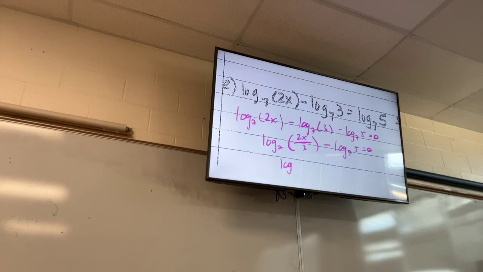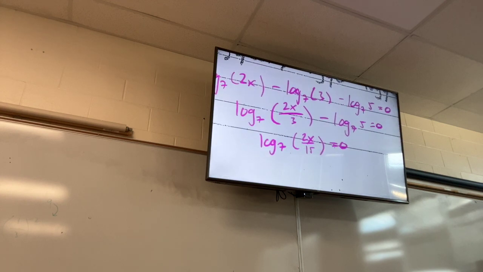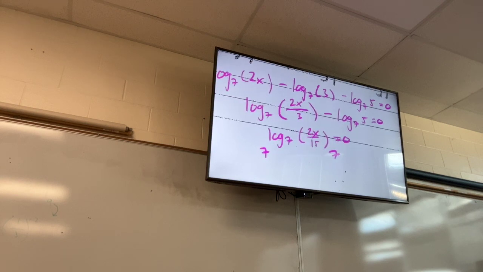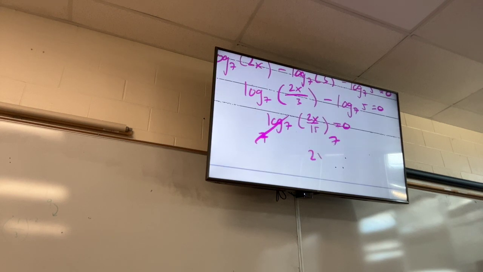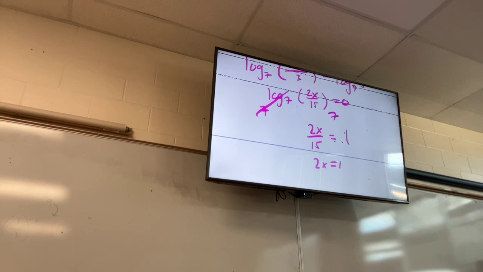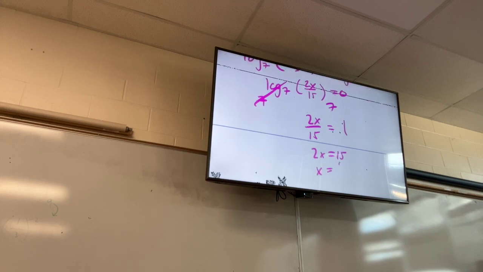Then 7 to the left equals 7 to the right. That cancels. 7 to the 0 is 1. 2x equals 15. x equals 15 over 2.